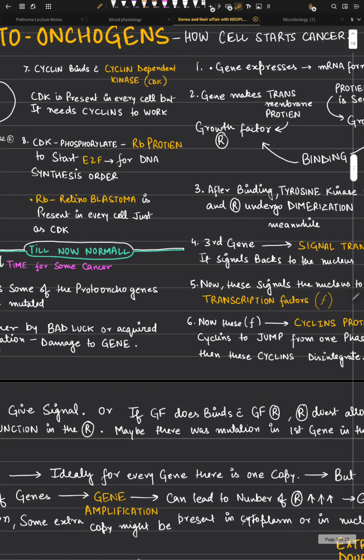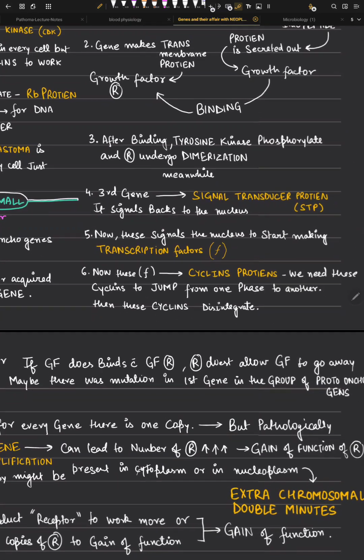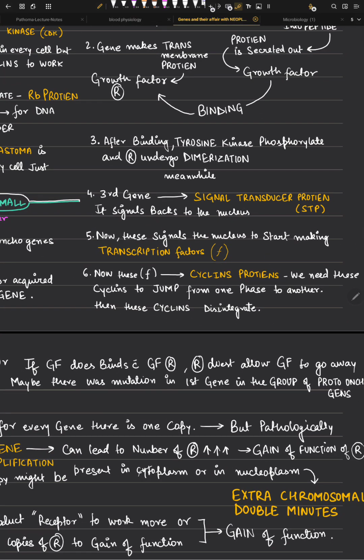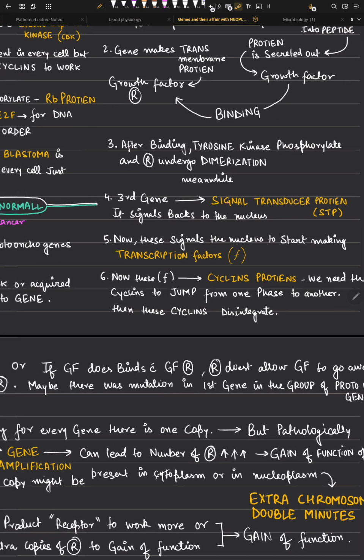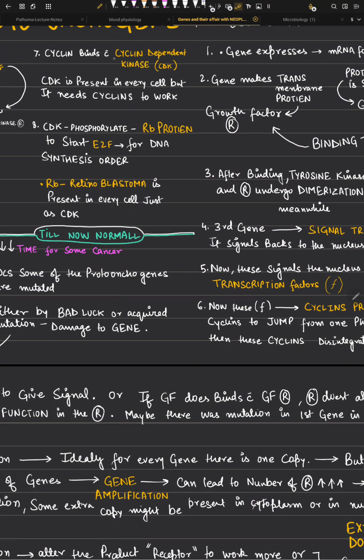Now these cyclins bind with something called a cyclin dependent kinase. This CDK is present in every cell, but it needs cyclins to work. Normally the cyclin gets disintegrated, but in a cancerous cell, they will not disintegrate. They will go and bind with cyclin dependent kinase. Now this cyclin dependent kinase gets activated and phosphorylates RB proteins.